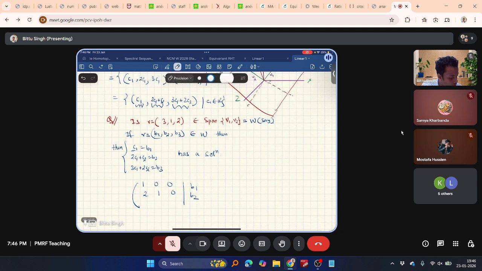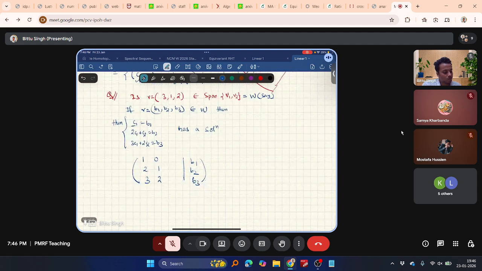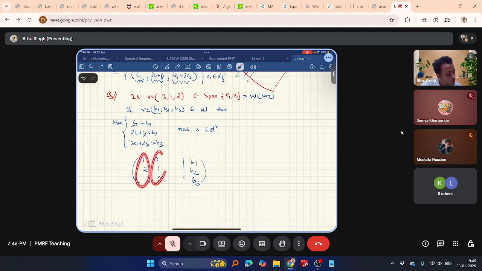The third is 3 2 | b3. So (b1, b2, b3) belongs to the solution means there is some combination of those two vectors which gives me (b1, b2, b3). So I am writing it in an augmented form. This is called an augmented matrix.